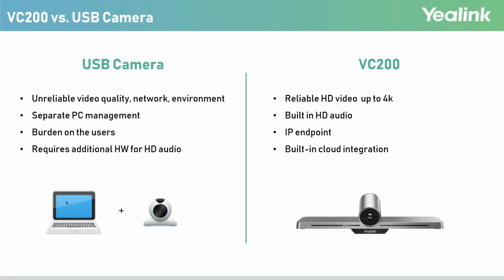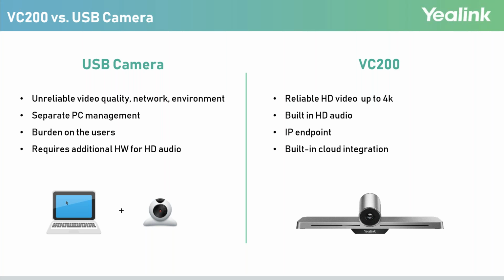When we compare that to the VC200, we see that we can get the 4K video right out of the box. We have a dedicated IP endpoint that doesn't require the use of additional hardware components, such as a separate PC and a separate camera. This is an IP endpoint with a remote interface that can be accessed either locally or remotely for either management, updates, troubleshooting, what have you.